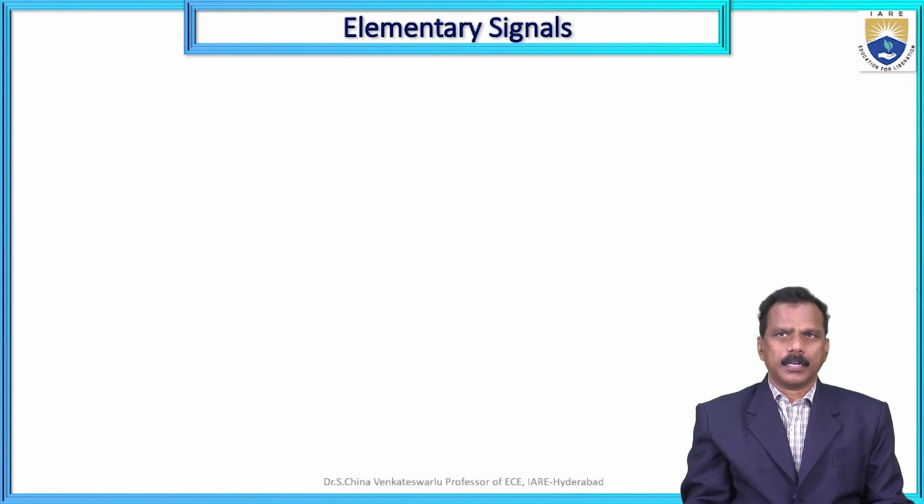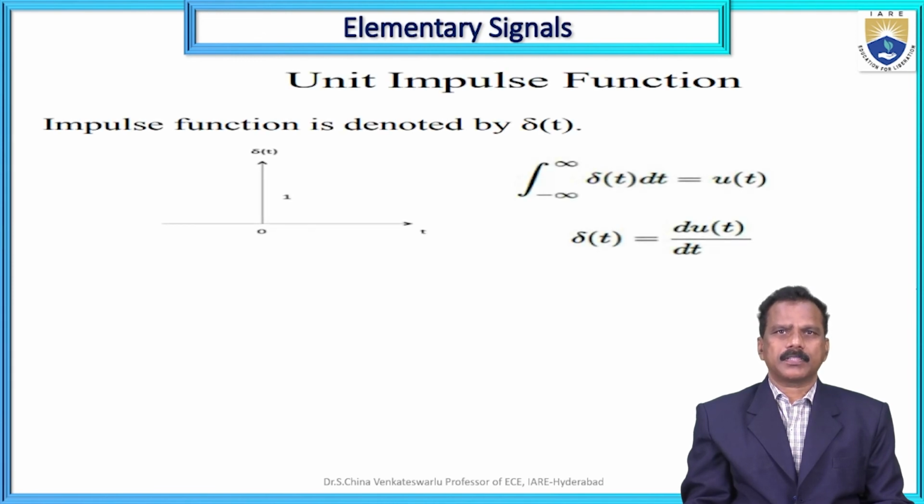Under elementary signals, the unit impulse function is denoted by delta of t. Here the integral from minus infinity to plus infinity of delta of t dt is equal to u of t. You know that.